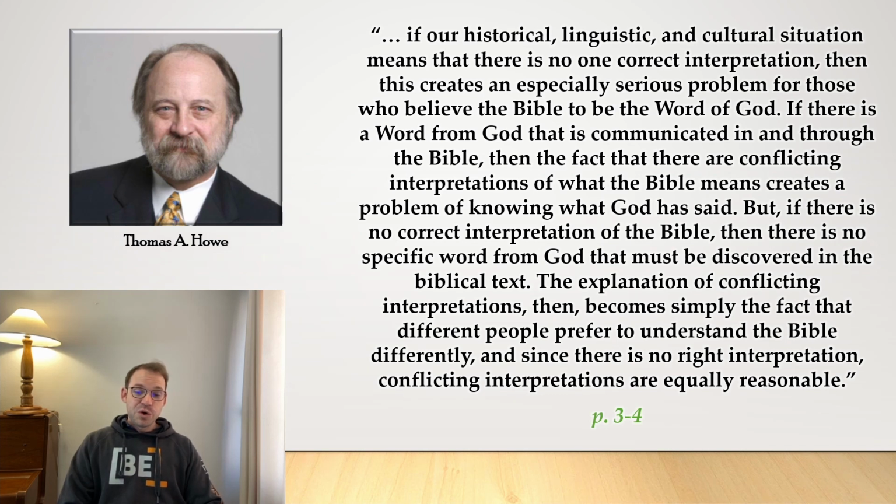And what he's doing in this quote, at least, is to show that for Christians who think that God has revealed himself in a book called the Bible, this becomes a serious problem, because we want to discover the true meaning of what God has revealed in and through the Bible. And to do that, we must maintain the idea that objectivity is possible, at least theoretically. And if we abandon that, then we're going to arrive at this place where anyone's interpretation is equally valid or equally legitimate. So it becomes a serious challenge.